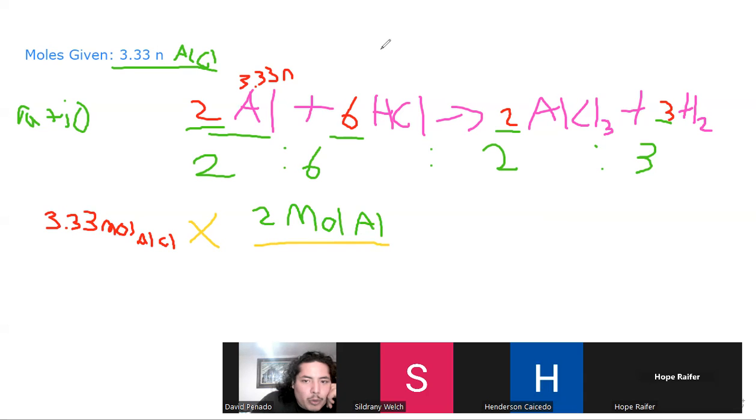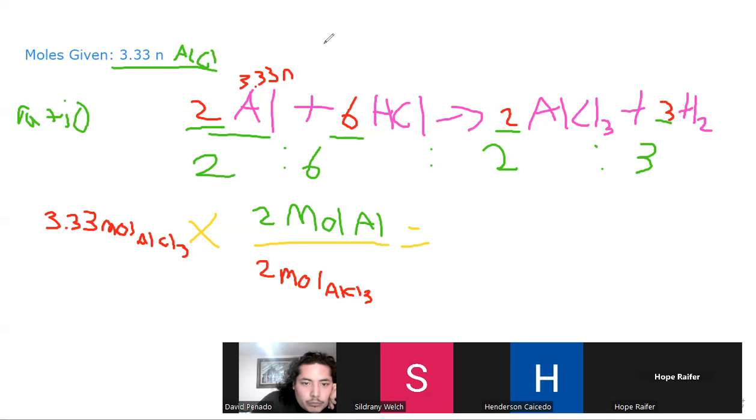Then we divide it by the mole ratio of what we're given, which is here, 2 mole of AlCl3. And that equals the answer that we got, 3.33.